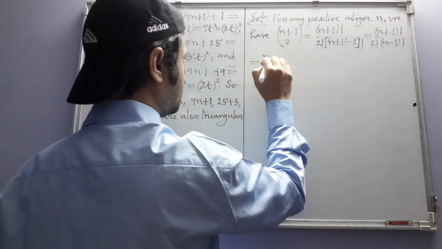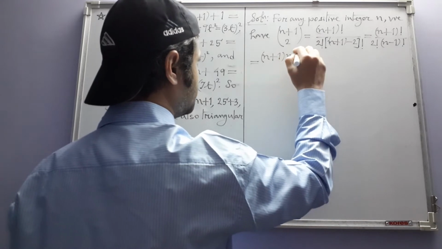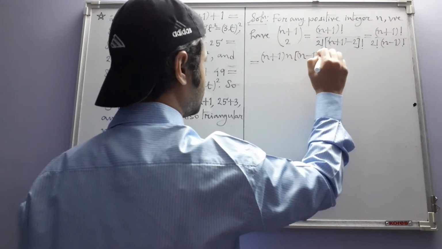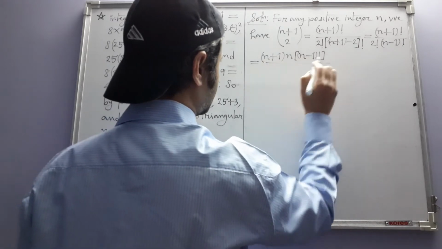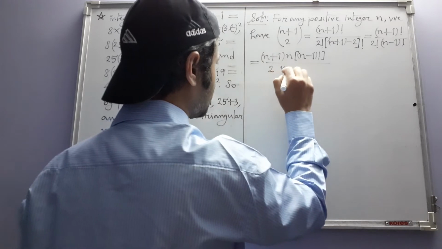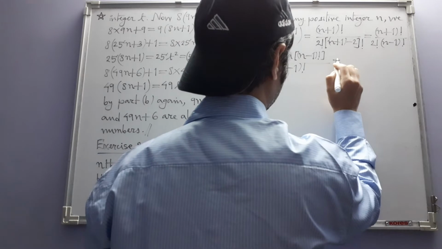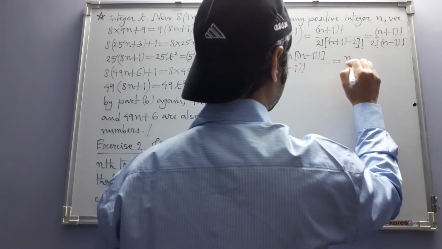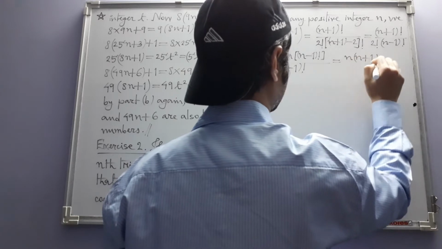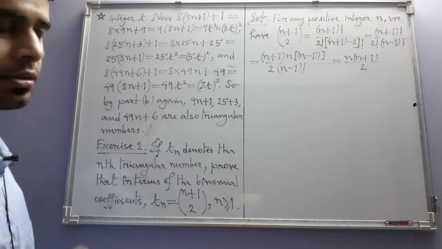So that is n plus 1 times n times n minus 1 factorial in the numerator, and in the denominator 2 factorial of course is 2, and n minus 1 factorial. So this is n times n plus 1 divided by 2, which by part A is the nth triangular number.